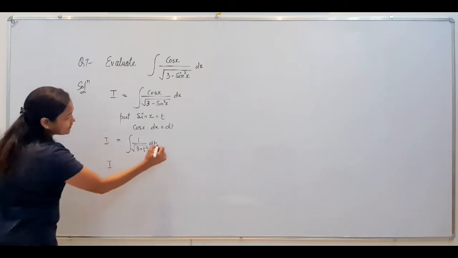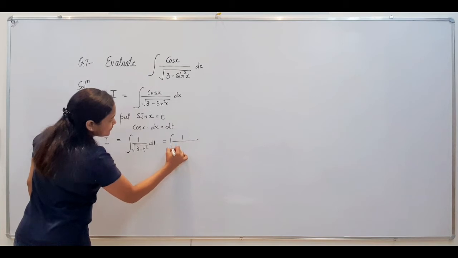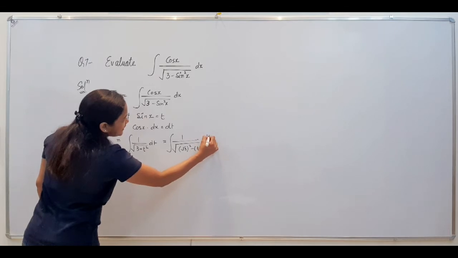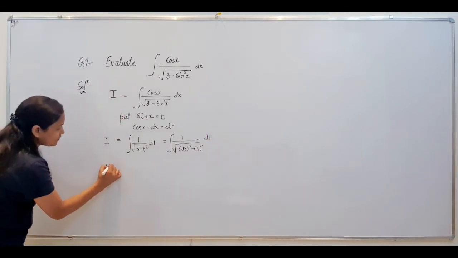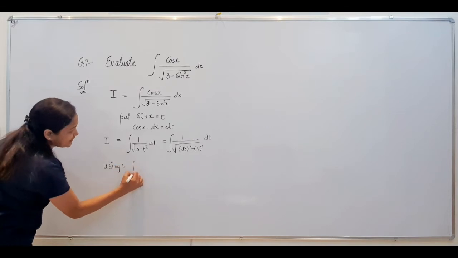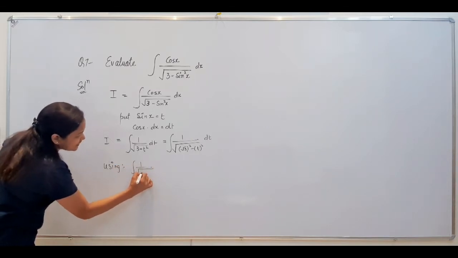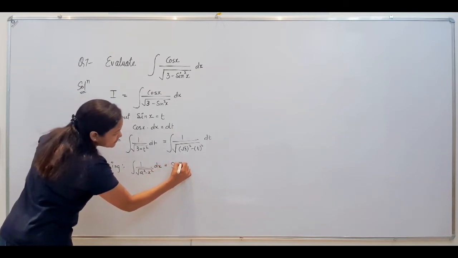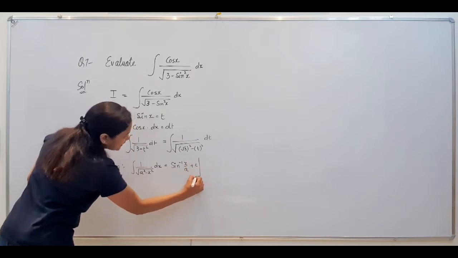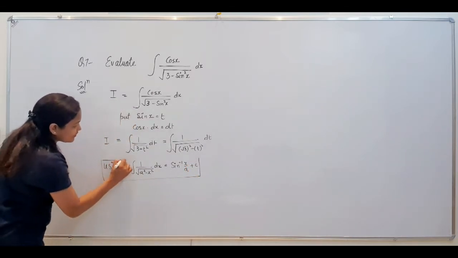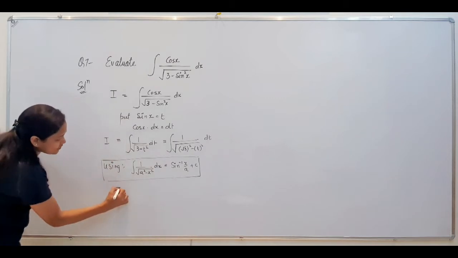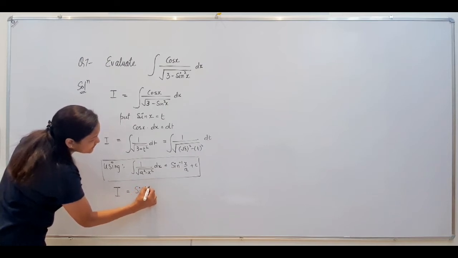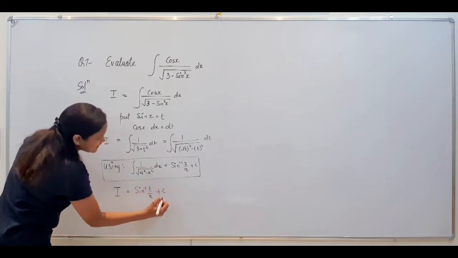You can write it as root of root 3 का square minus t का square, and using the formula integral 1 upon root a square minus x square dx is equals to sin inverse of x by a plus c. अगर आप इस फॉर्मूले को अपने क्वेश्चन में यूज कर लेते हैं, then your I will be equals to sin inverse of t upon a plus c.